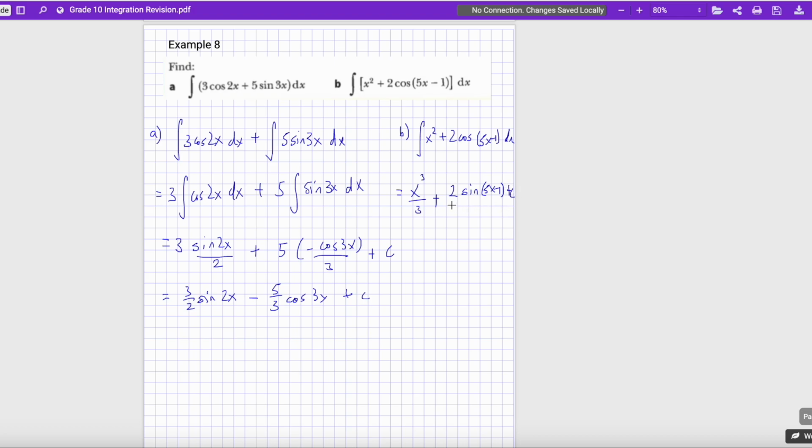And we divide the whole thing by the differential of the bracket 5x minus 1, which is 5. Let me split this up a bit. What you get here is x cubed over 3 plus 2 over 5 sine of 5x minus 1 plus c. Let me know down in the comments if you got this answer and if the video is helpful for you.